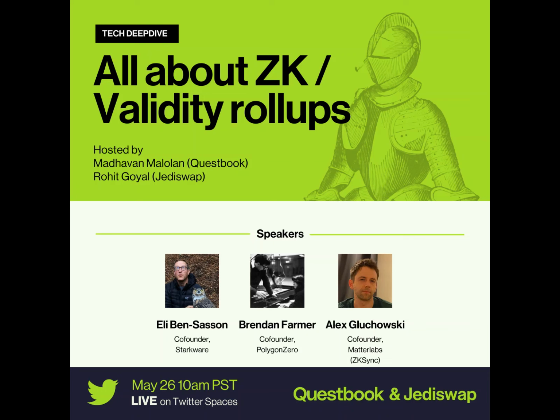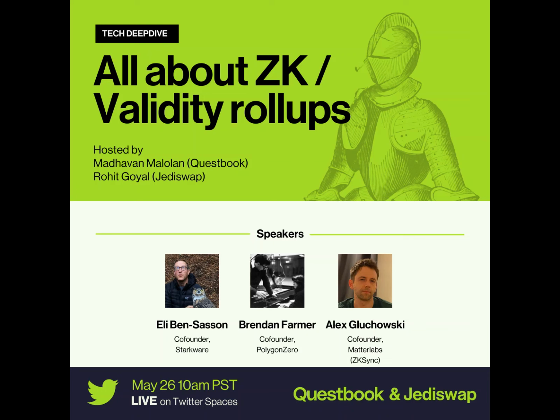What are the differences in the different kinds of validity rollups or ZK rollups Polygon is working on? And maybe give some insights on the basic tech differences, because we keep hearing these terms like Starks, Snarks. What are all these terms and technologies about?